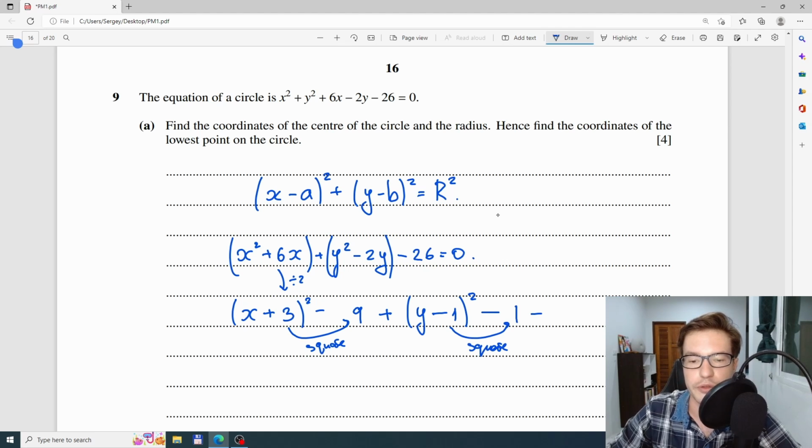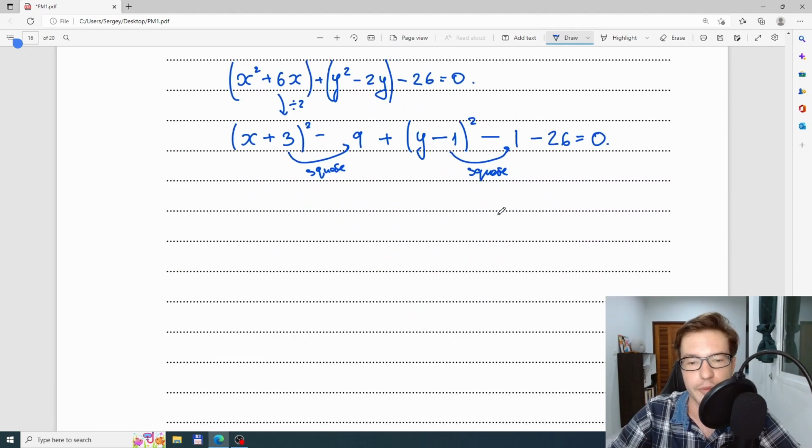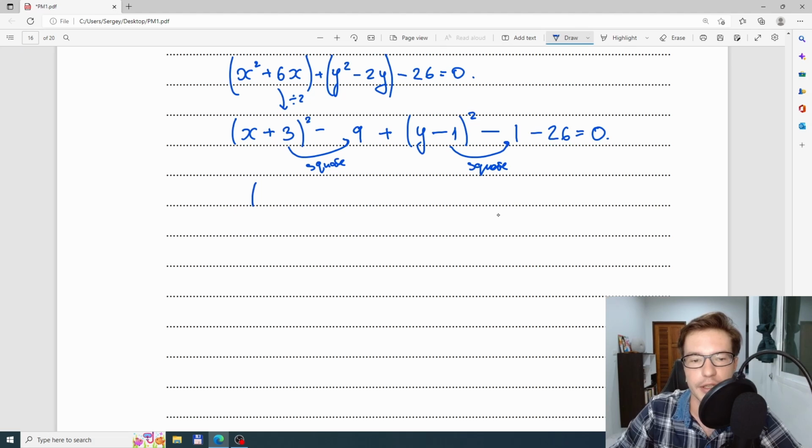And don't forget, we used to have minus 26, so just copy it here. Minus 26 equals 0. Now let's simplify that. We get (x plus 3) squared plus (y minus 1) squared minus 9 minus 1 minus 26. All in all, we've got minus 36 equals 0. And the equation is (x plus 3) squared plus (y minus 1) squared equals 36.